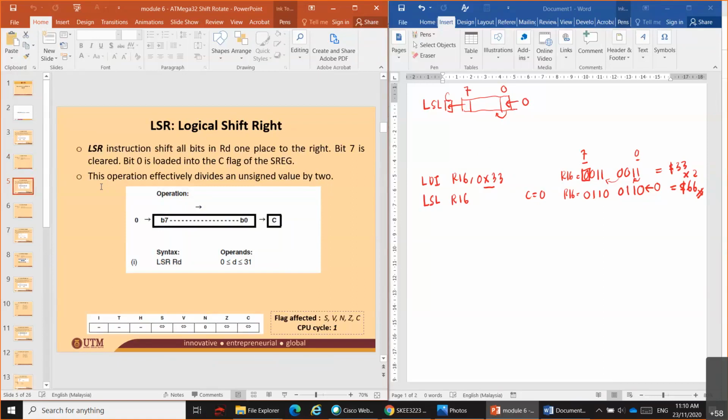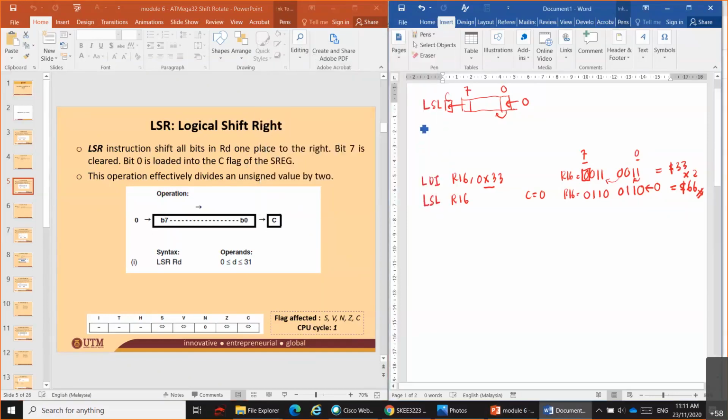LSR stands for logical shift right. This instruction shifts all the bits in your Rd one place to the right. So now you're going to shift all the bits to the right by 1 bit. Bit 7 is cleared, while bit 0 is loaded into the C flag of your status register.